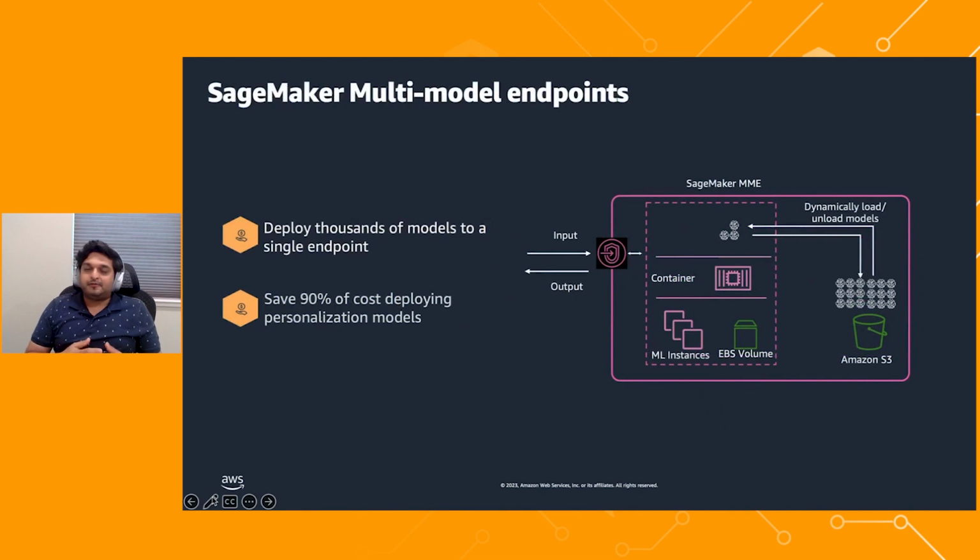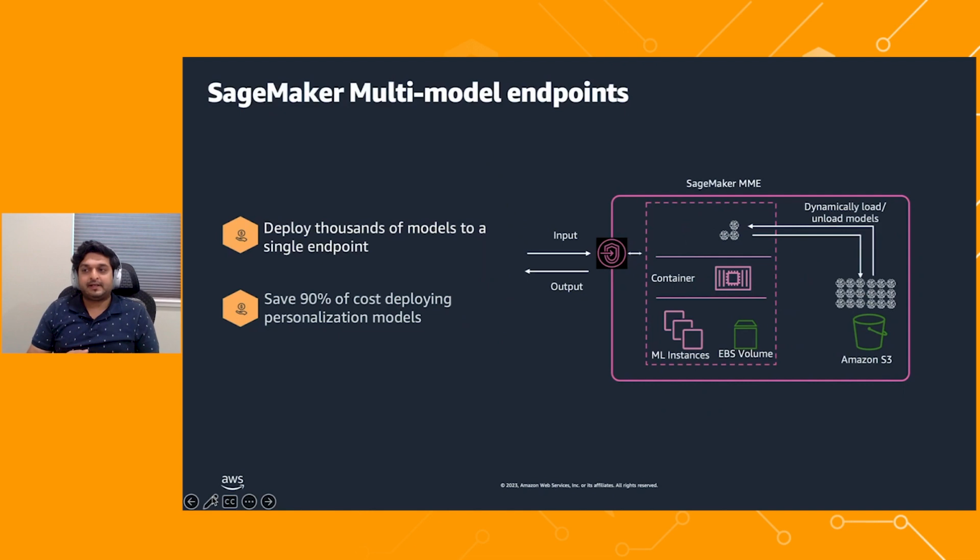Additionally, as part of your real-time inference, which is your always-on endpoints, a useful capability is called SageMaker multi-model endpoints. With SageMaker multi-model endpoints, it provides a scalable and cost-effective way of deploying a large number of machine learning models, up to thousands of them.